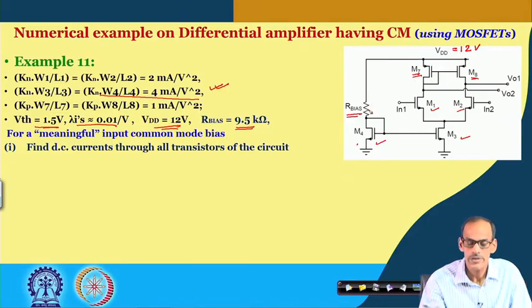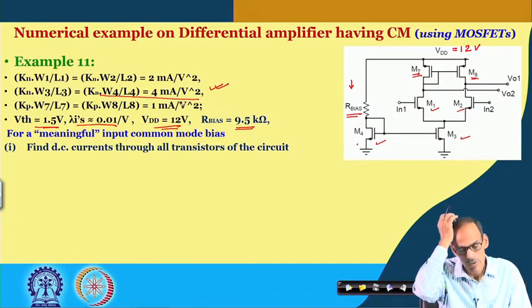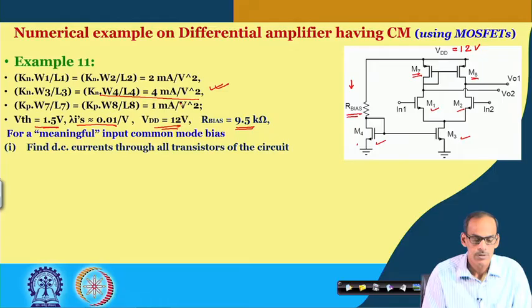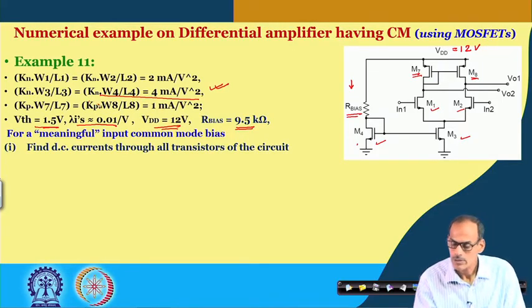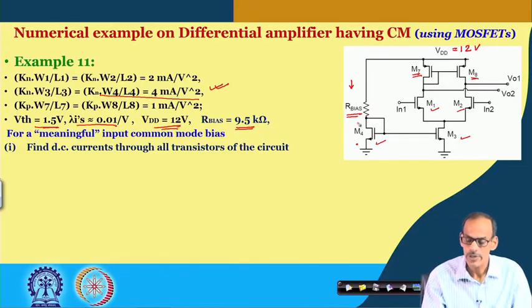If we calculate it carefully, the current flow is equal to 1 milliampere. Is it 1 milliampere? 3 and 4 are equal, that is fine.